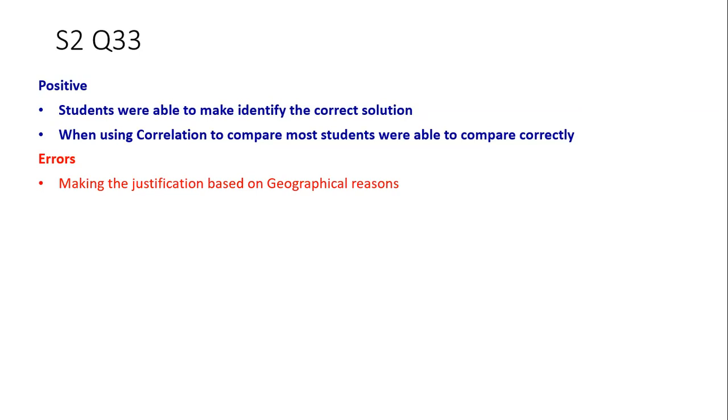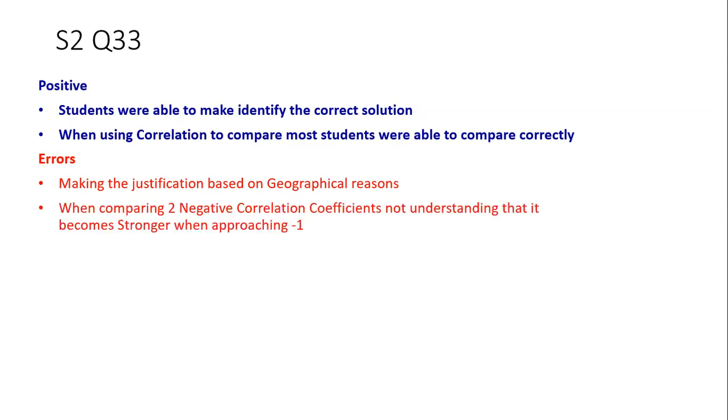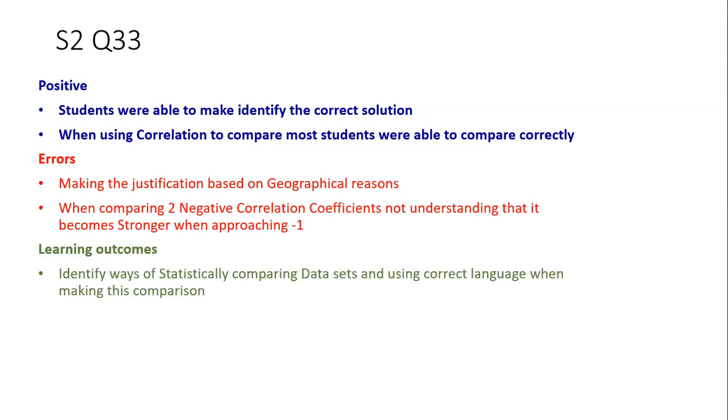So because it was obviously a maths response, the examination committee needed to see something based upon correlation being the description, not a geographical reason for this. The other part, as I said, about when comparing, make sure that it's stronger as it approaches -1, not closer to 1. And then the final part is learning outcomes, identify ways of statistically comparing data sets using correct language.